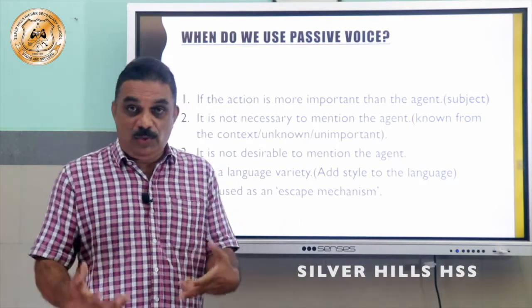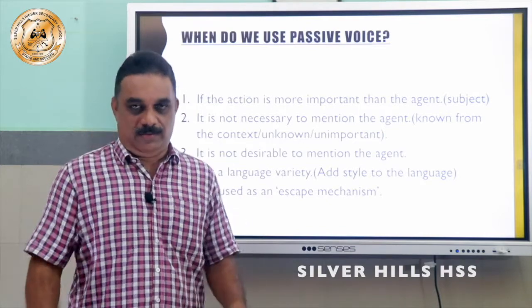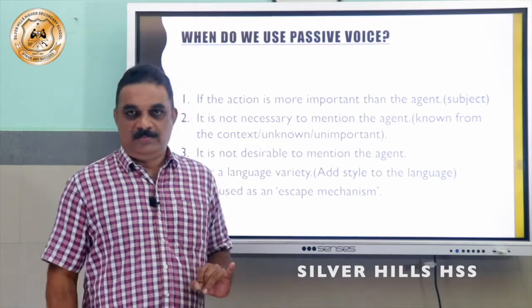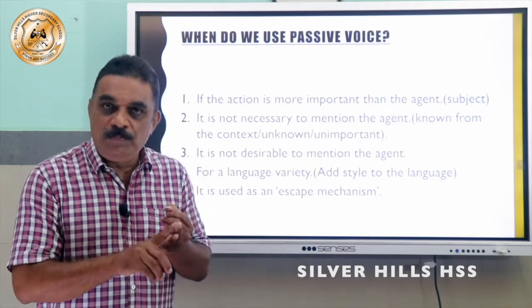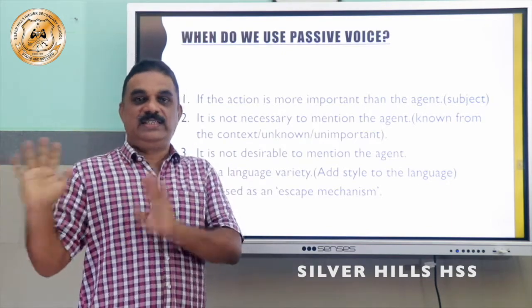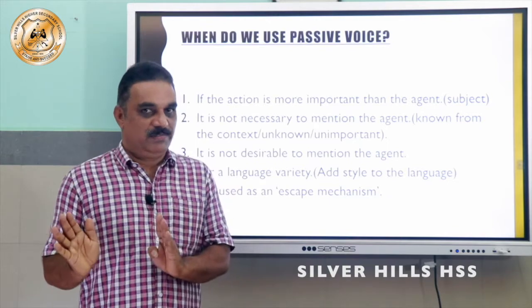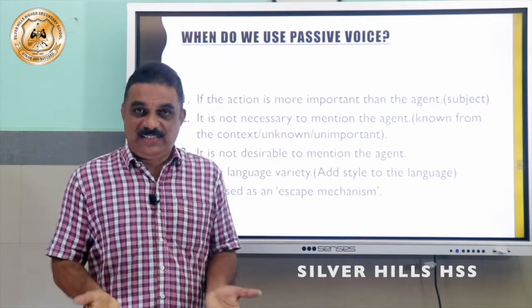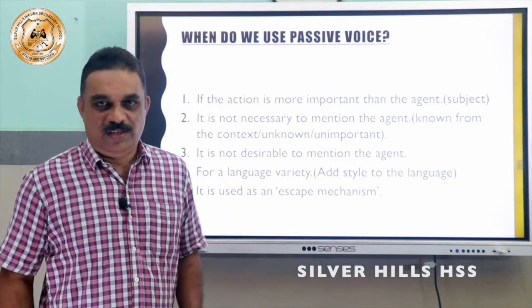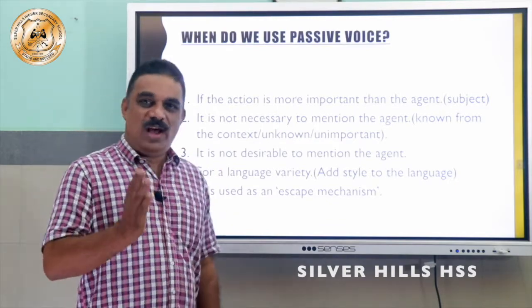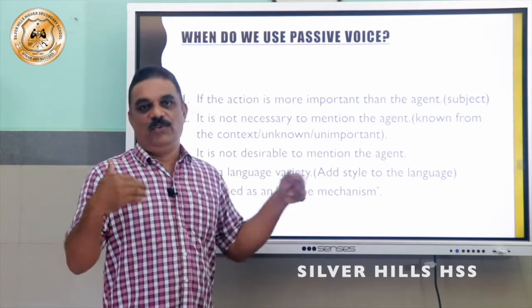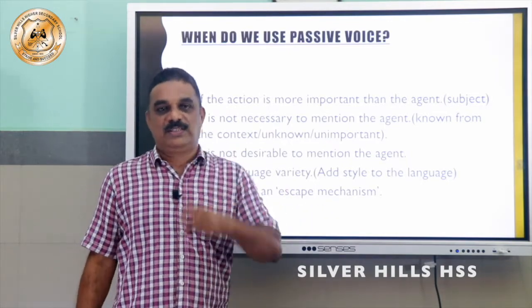I am assuring you, your money will be given. It means that you will get your money. When? No idea. By whom? No idea. The agent is escaped from there, but the listener will be convinced that he will get his money. So in such contexts, when we have to avoid this person or the by-agent, we can use passive voice.